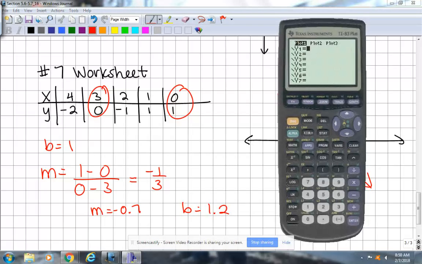But if it's all cleared out, and it says Y equals, and then you put in your MX plus B, so negative 0.7, and then the X is right here beside the alpha button, plus 1.2, and you hit graph, then it draws your line through your points.